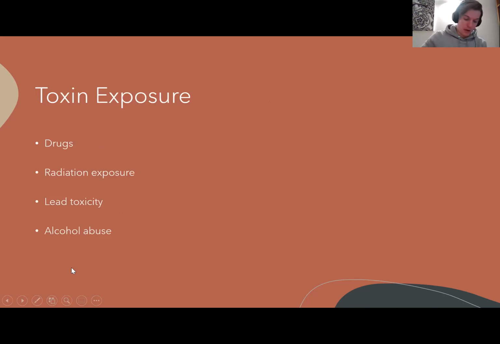Toxin exposure, there are loads of different things. Just be aware that all of these things can lead to anemia. If you want to look up the drugs, there are plenty of them that can cause anemia for different reasons. I'm not going to list them all now because there's far too many to go through.